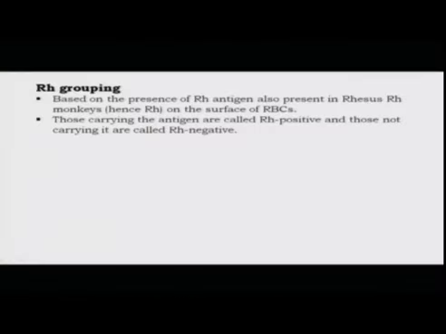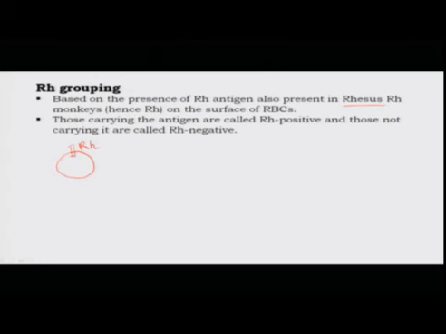Now, there is another system which is present, which is known as the RH blood group. This RH blood group is based on the presence of another antigen again on the surface of the RBCs. This antigen is known as the RH factor. This RH factor is also present in rhesus monkeys.